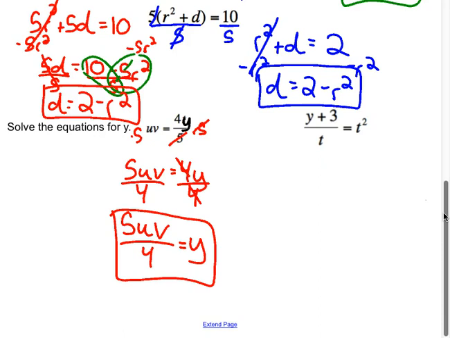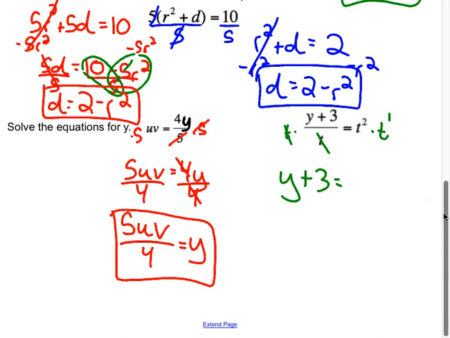All right, the next one, similar story. So here, remember that 3 is connected to the y because of the ginormous fraction. So I can't move the 3 first. I have to deal with that t on the bottom first. So I'm going to multiply both sides, excuse me, both sides by t. So y plus 3 equals, now here, t squared times t. You actually know that, don't you? T squared times t to the first.